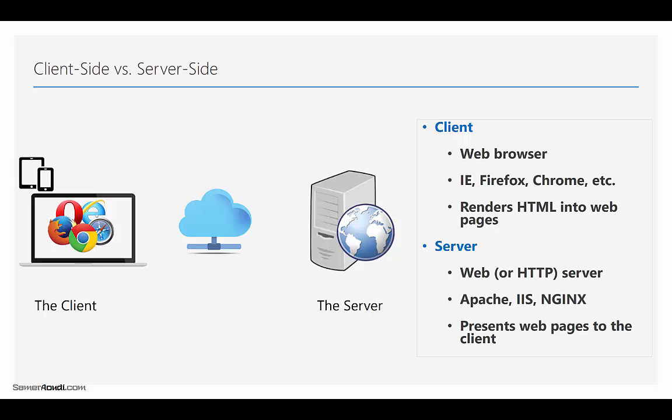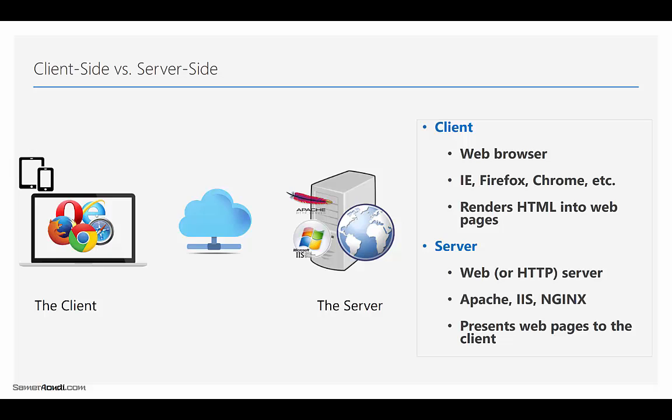And the server basically is that remote machine sitting somewhere in the world that has the resources that I'm interested in. So again, the client is, let's say, start with the user, the personal computer of the user, and more specifically, the web browser.